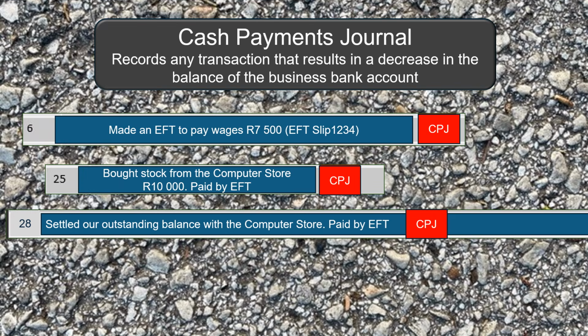Now there were payments, and we take all the transactions that get recorded in the cash payments journal, and we take that information from the accounting table that you've just completed, and you put that information into the bank account. That's what we're going to do.